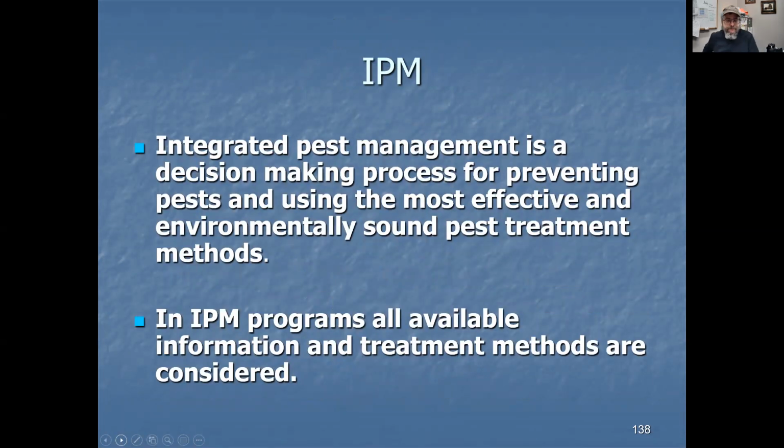So, IPM. Integrated pest management is a decision-making process for preventing pests and using the most effective and environmentally sound pest treatment methods. In IPM programs, all available information and treatment methods are considered.